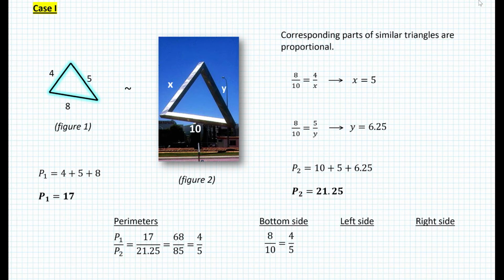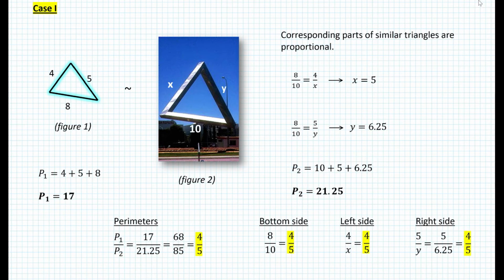Now what about the left side? The left side is simply 4 over x, and we found the x value to be 5, so that simplifies to 4 over 5 as well. The right side has a ratio of 5 over y, and we figured out the y value to be 6.25. So we can write that as 5 over 6.25, which simplifies to 4 over 5 as well.